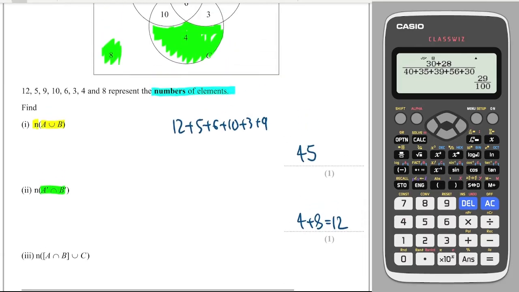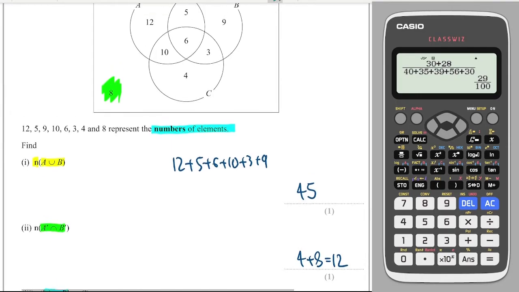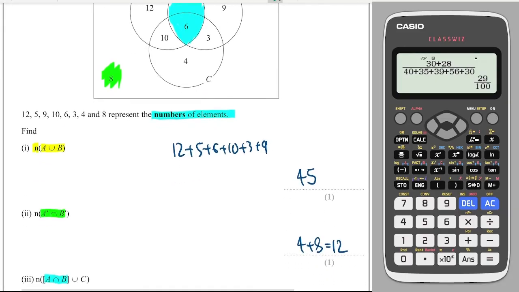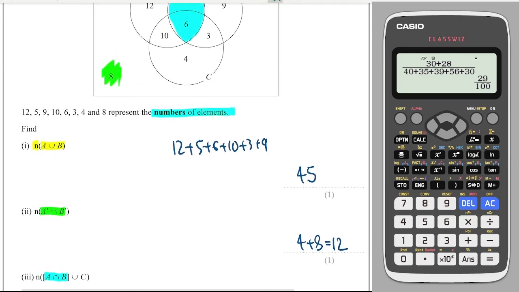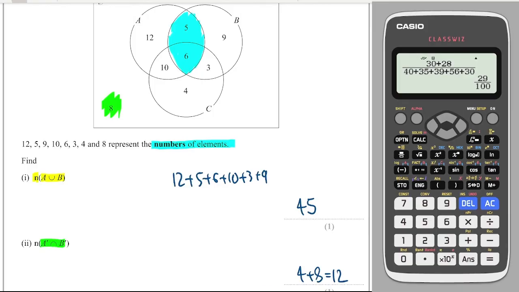And now we are looking for this next set, which is A intersection B. Well, that's where A and B meet. So those are the elements which are in A and in B, both at the same time. And I want to union that with C. So I'm also going to let C into the party, basically.